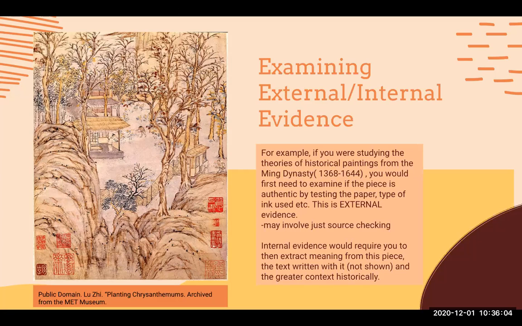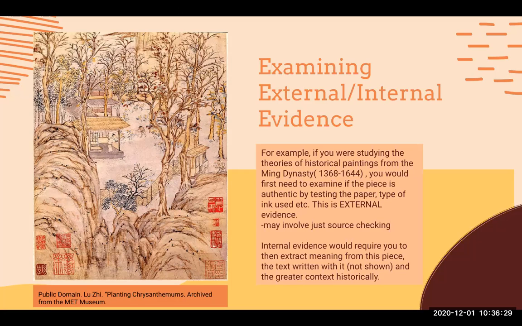As I said, it is archived from the Met Museum, which means it's already online as public domain. And in that way, we know that it has already gone through the process of authentication by the museum. So for us, this external evidence may just involve source checking.